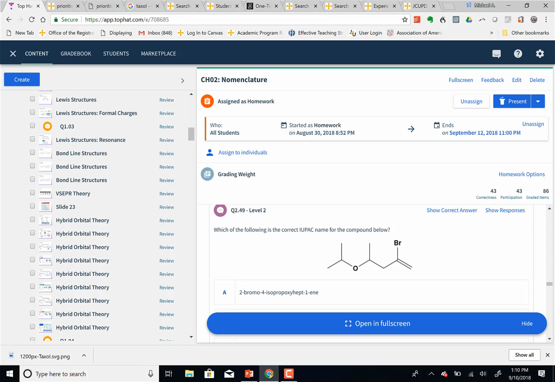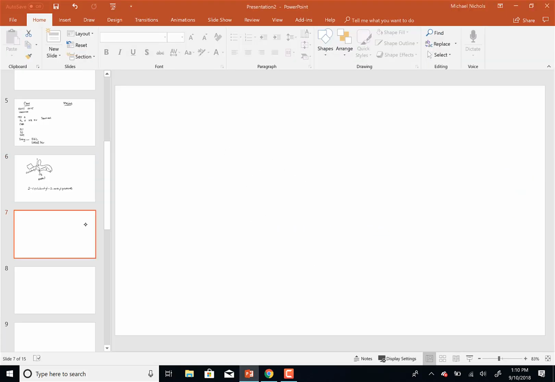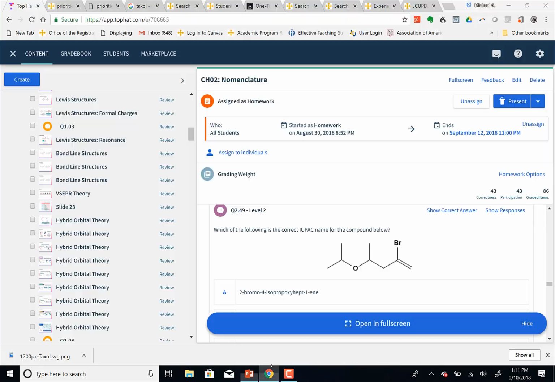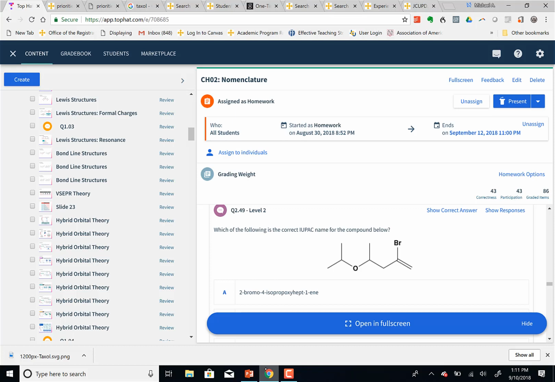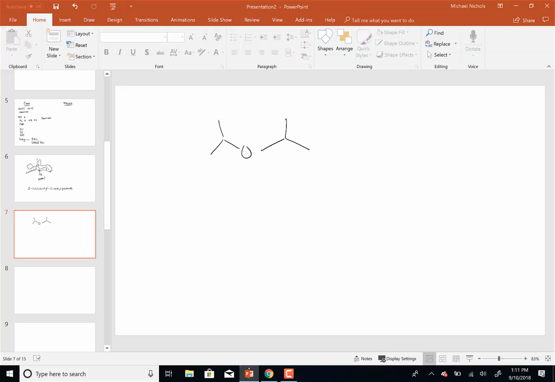Okay, so this one is that. So there's an isopropyl group with the oxygen. Okay, so when we see molecules with multiple functional groups, we need to go to this chart.